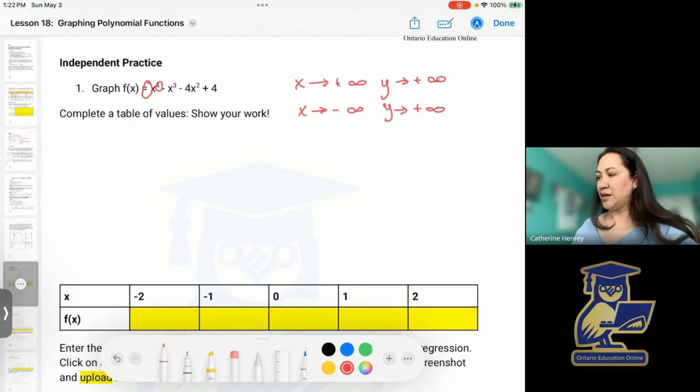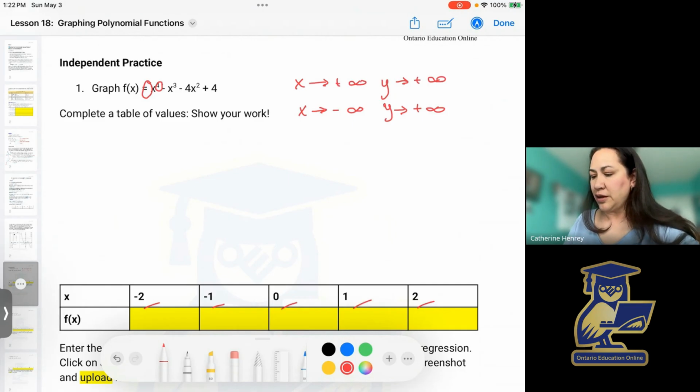All right, so that is what you're going to check once you have all of these values in. So let's just go through a couple of examples of how you're going to evaluate this. Remember, to evaluate a function, we substitute values, and I have them all given: -2, -1, 0, 1, and 2.